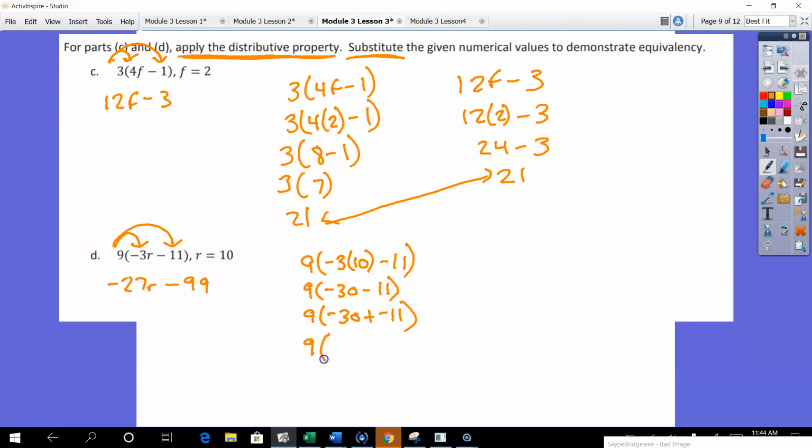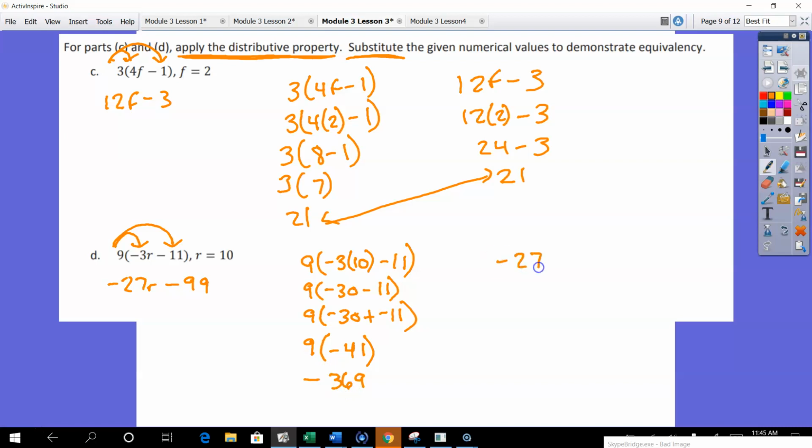It's 9 times negative 41. Okay, so then that's going to be a negative. 9 times 1 is 9. 9 times 4 is 36. So negative 369.